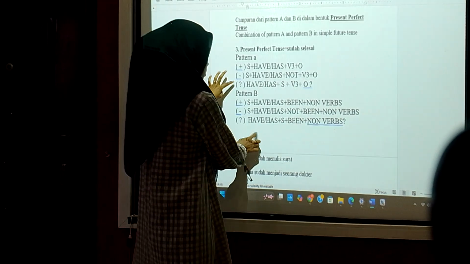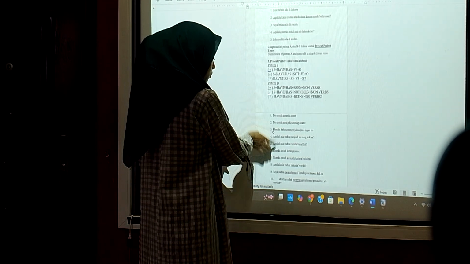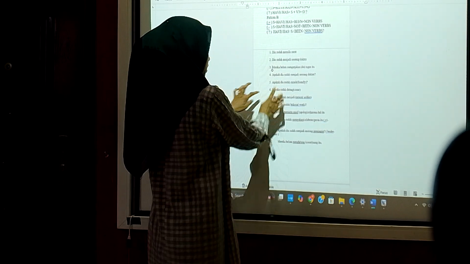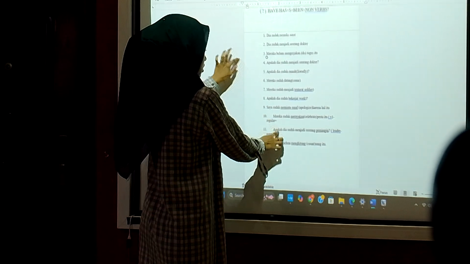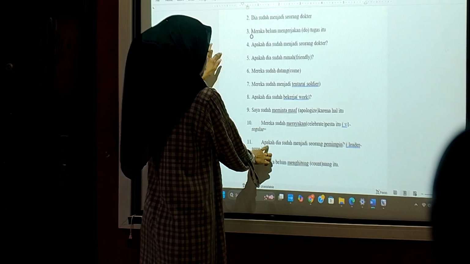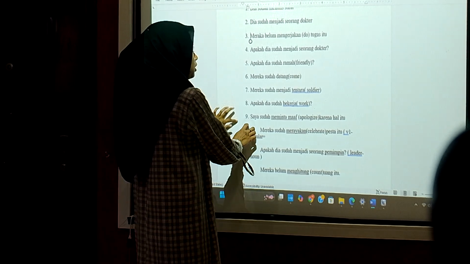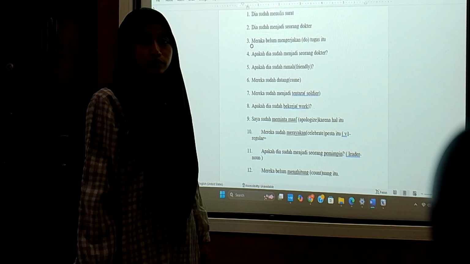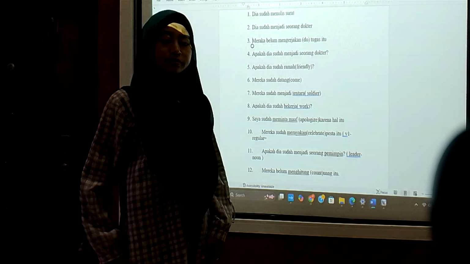Okay. The first, because this one is a mixed question, I mean, pattern A and pattern B, I will give them an example first. What is the first step you should do, because this is mixed between pattern A and pattern B? What should we do first before they do this exercise?